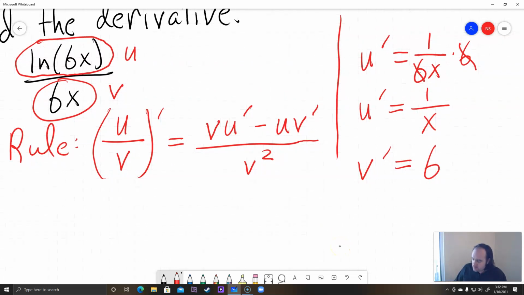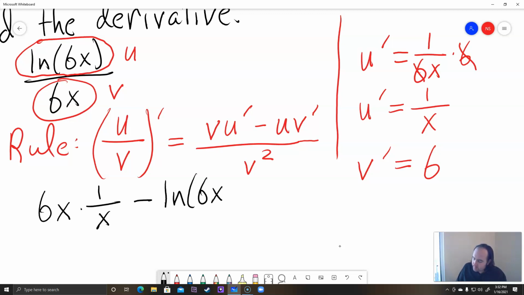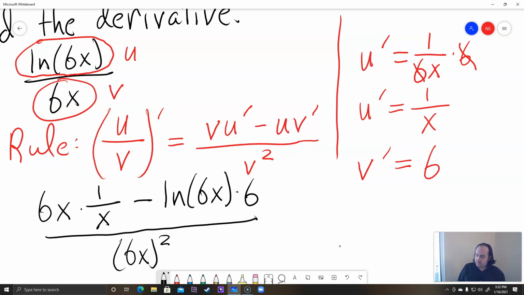Okay, so we've got vu prime. That's going to be 6x times 1 over x, minus uv prime. So that's going to be minus ln of 6x times 6, all over v squared. So that's going to be all over 6x quantity squared.